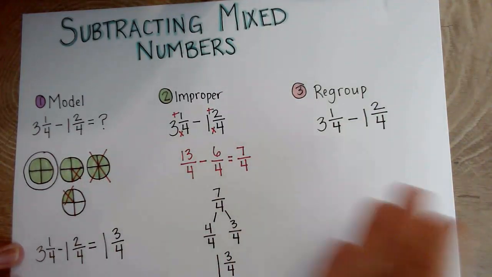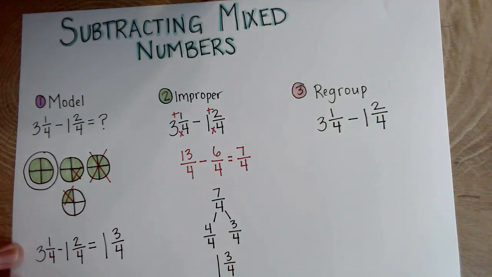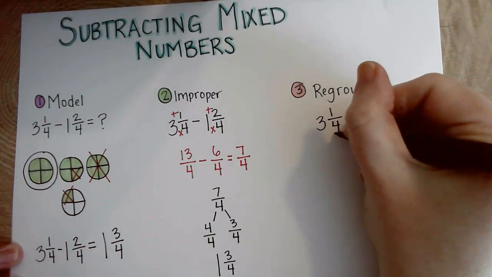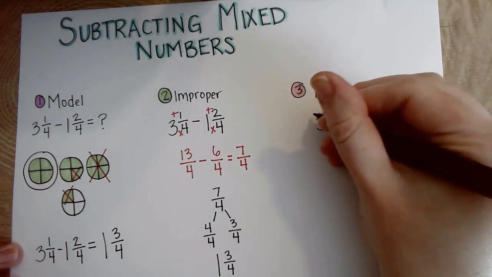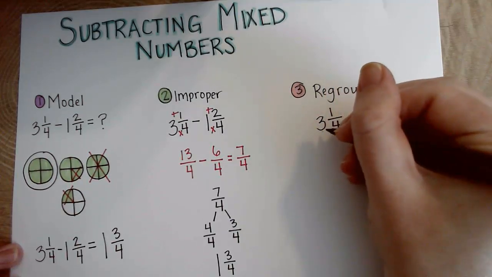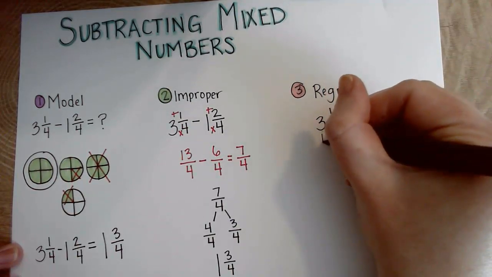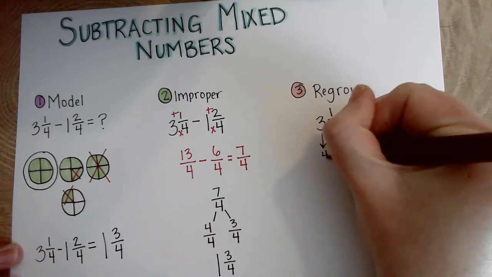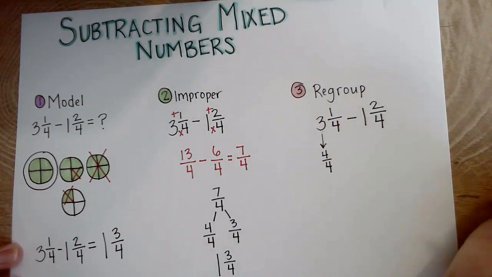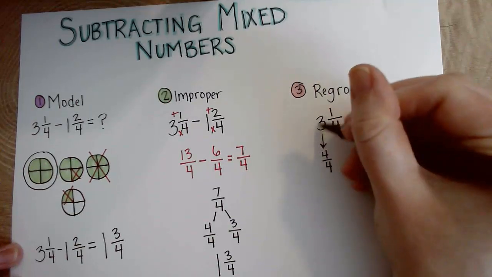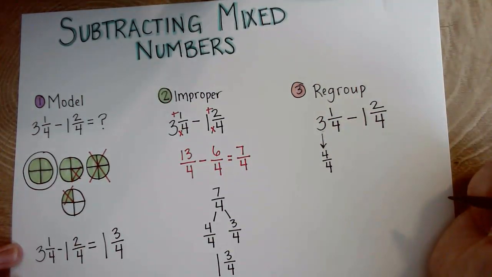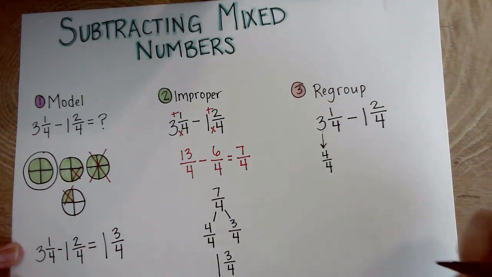So again, we see here 3 1/4 minus 1 2/4. We cannot do it. So what we're going to do is take one of these whole numbers, which would be represented as 4 over 4, is going to be 1, and we're going to add it to our fraction. Okay, so let me show you what that looks like.